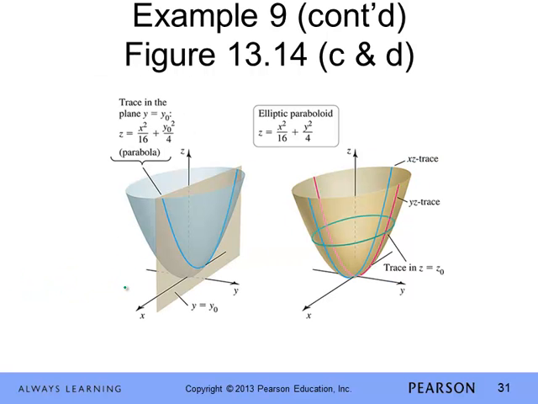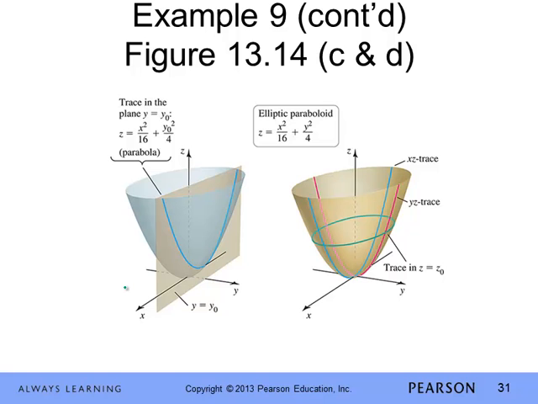And likewise, you could set y equal to some constant value, and as you adjust the value for y, you'll have a parallel family of parabolas that are parallel to the xz plane, like the blue parabola there.